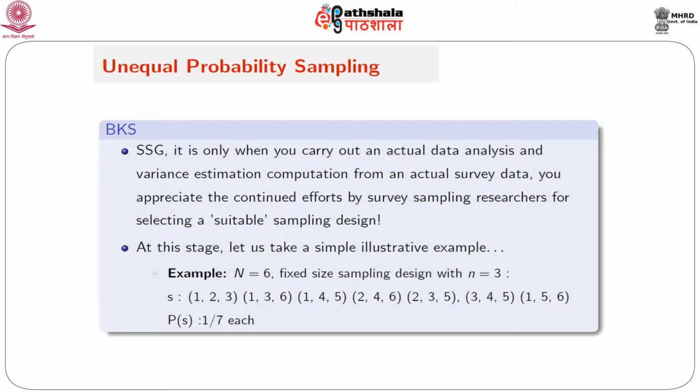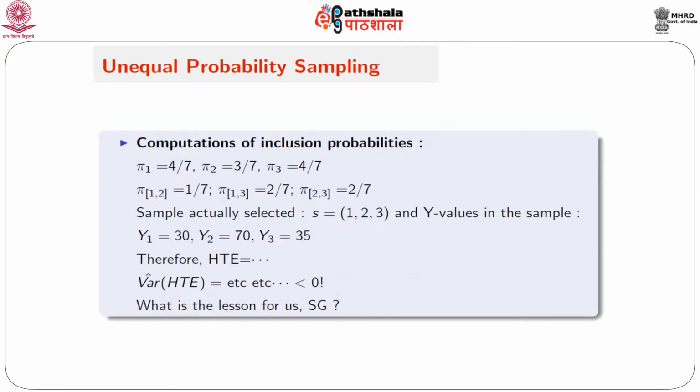All triplets are 6 choose 3, which is 20. I did not pick up all triplets. I selected 7, but I made sure that all the pi i's are positive. I also made sure, hopefully, that all the pi ij's are positive. Anyway, I have attached probability 1 over 7 to each of these 7 samples. And now I can go ahead comfortably with the computations.